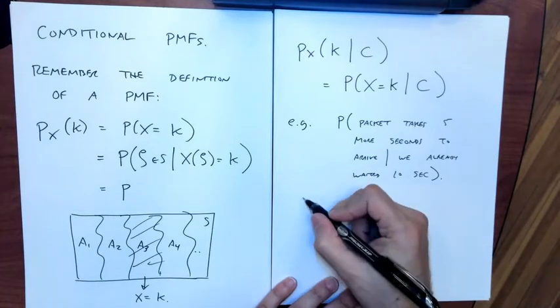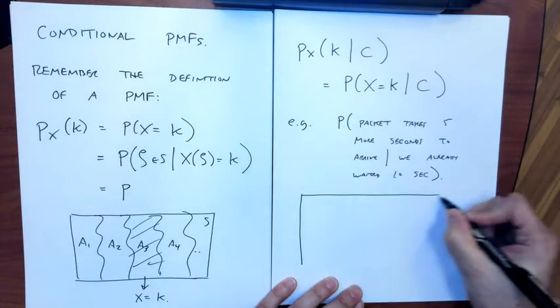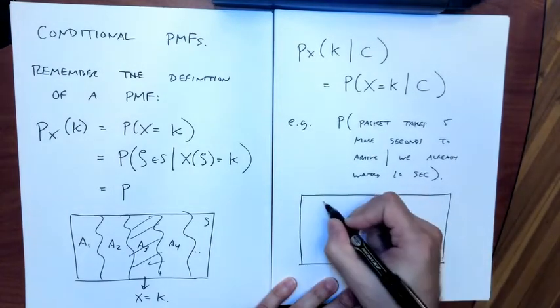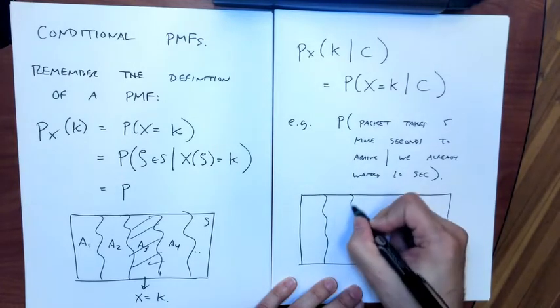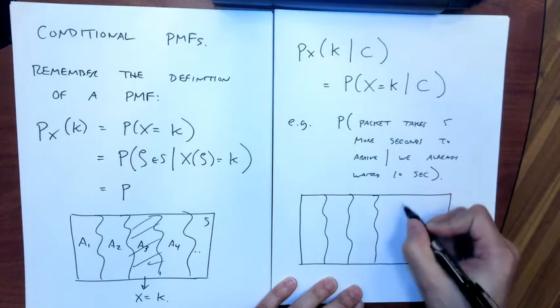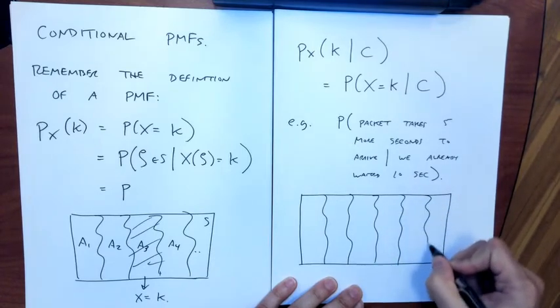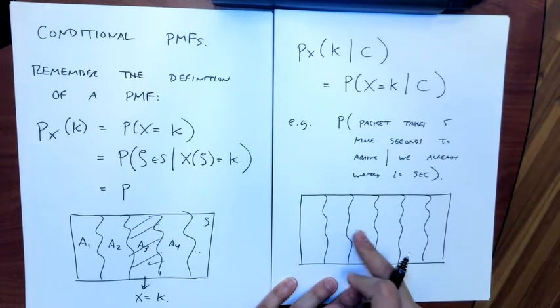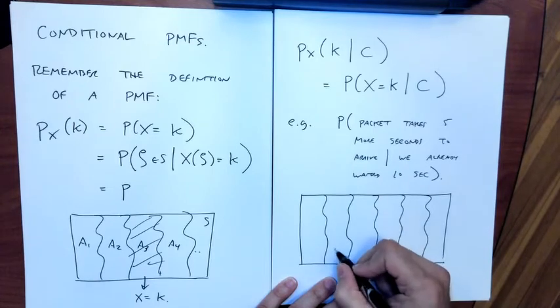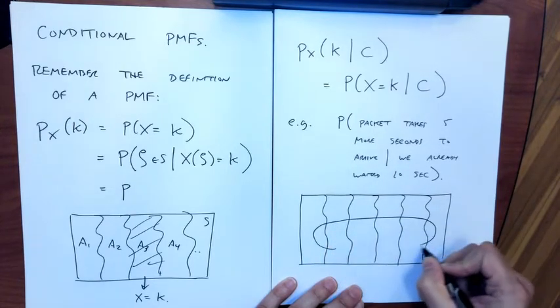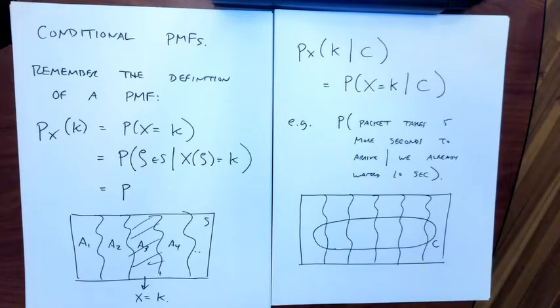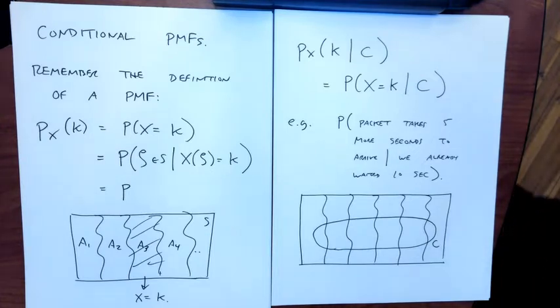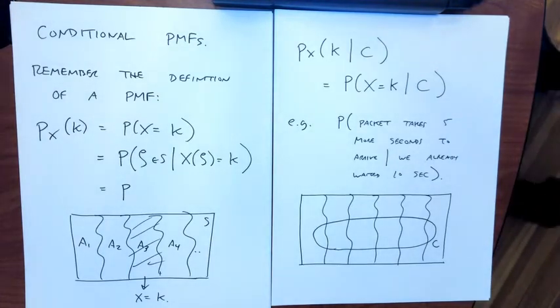So the idea of conditional probability, if you remember before, was saying, I've got my sample space, and I've got my partition of the sample space. These are all the different values that the random variable can take on, and then this is my condition, C. It's like saying, now I tell you that you're inside this ellipse C, now what's the probability of each of the values of the random variable?